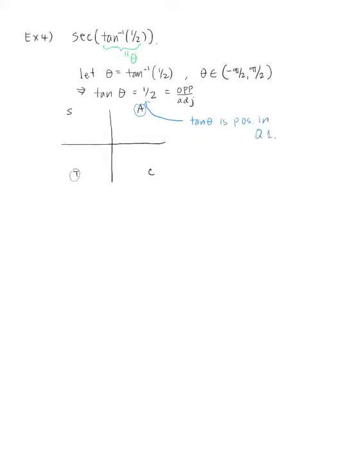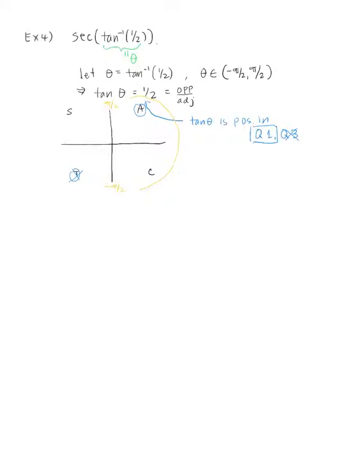But theta better be between negative pi over 2 to pi over 2, so it has to lie in here somewhere. So which one's out? Quadrant 3's out. Cross that out. Bye-bye. And we're just going to keep quadrant 1.